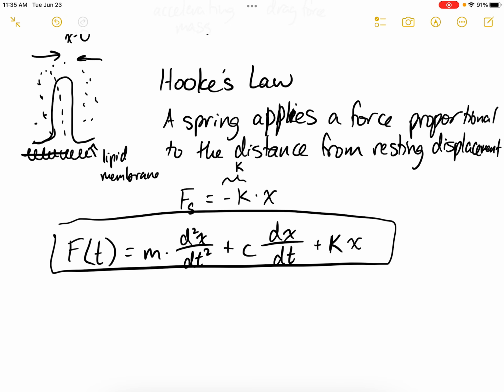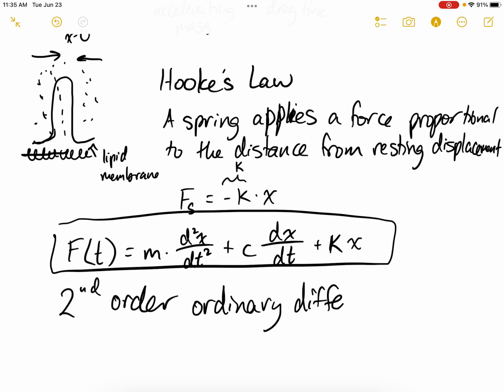that says where all the forces from that sound actually go to in the singular hair or cilia in the hair cell. So this is a second order ordinary differential equation, or second order ODE.